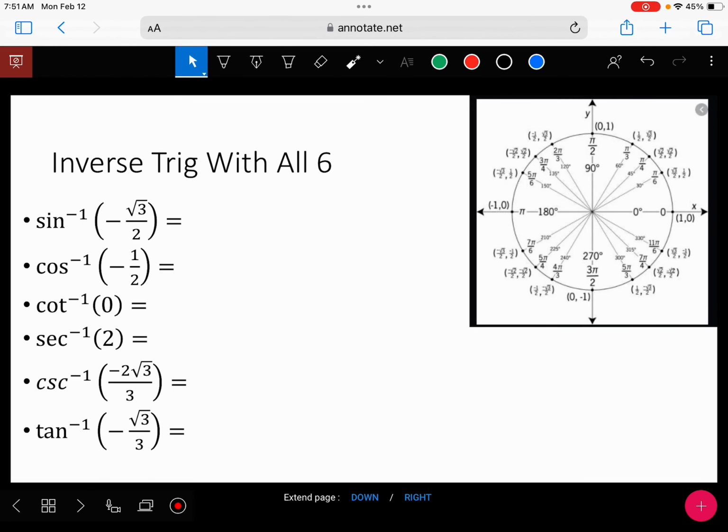Oh, there it is. Now I would like you to copy down all 6 of these questions. And then for the next 10 or so minutes, work by yourself or with the people around you to evaluate. Are you going to have to rewrite all 6 of these?